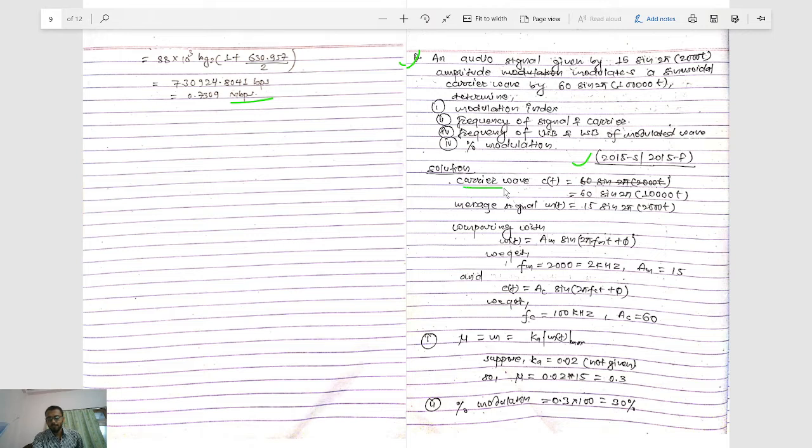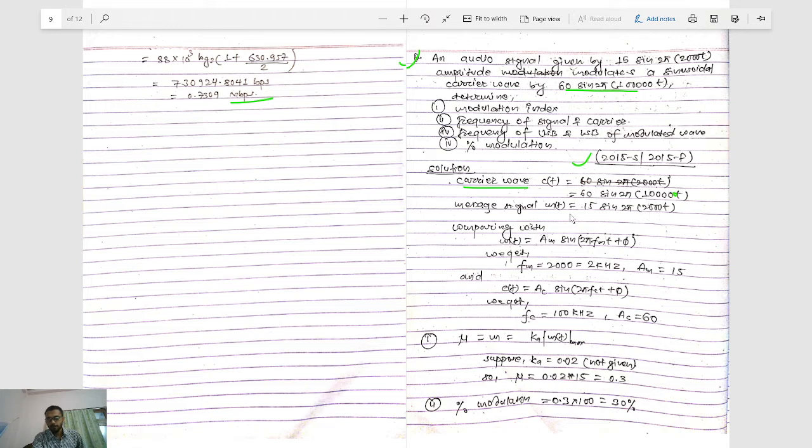So here we have the carrier wave c(t) given as 60 sin(2 pi 1 followed by 40t). Here 10 is missing, so write again 10t. And the message signal is given as m(t) equals 15 sin(2 pi 2 followed by 40t).